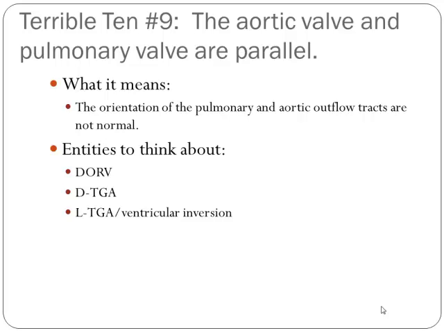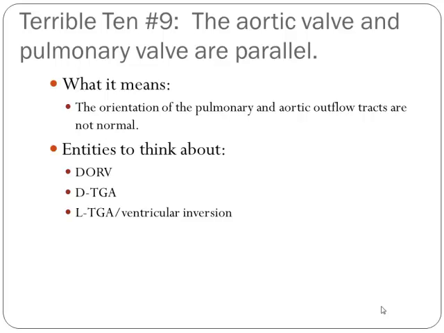And so what we think about in our differential is different causes of abnormal outflow tract orientation. The most common things that you're going to see in neonates are this entity called double outlet right ventricle, which encompasses a lot of different physiologic states, but really what it just means is that both outflow tracts are arising from the right ventricle instead of one outflow tract from the right ventricle and one from the left ventricle.